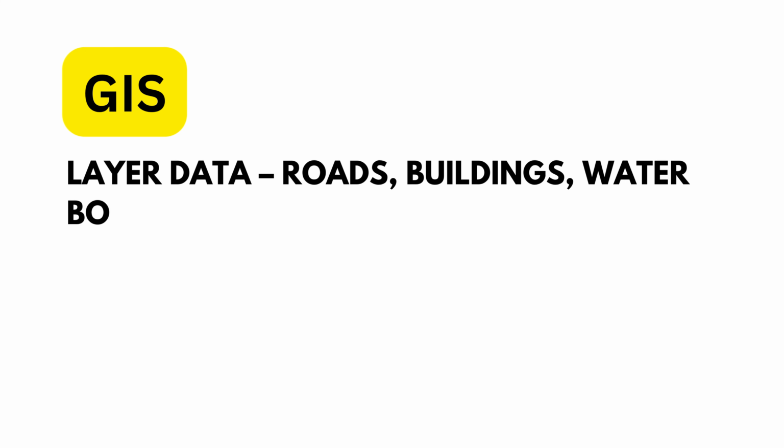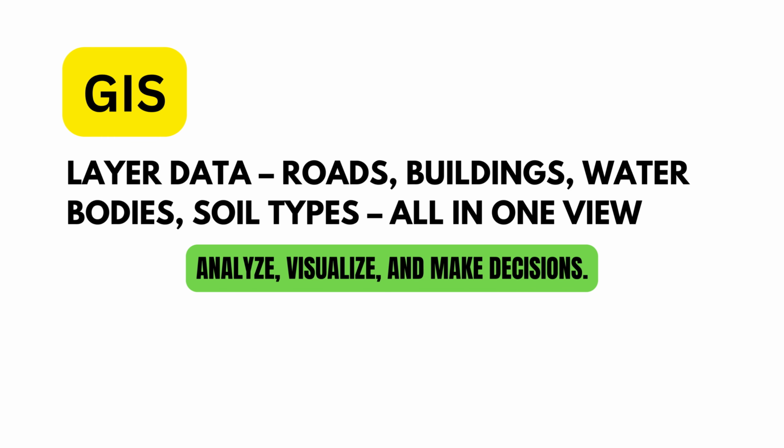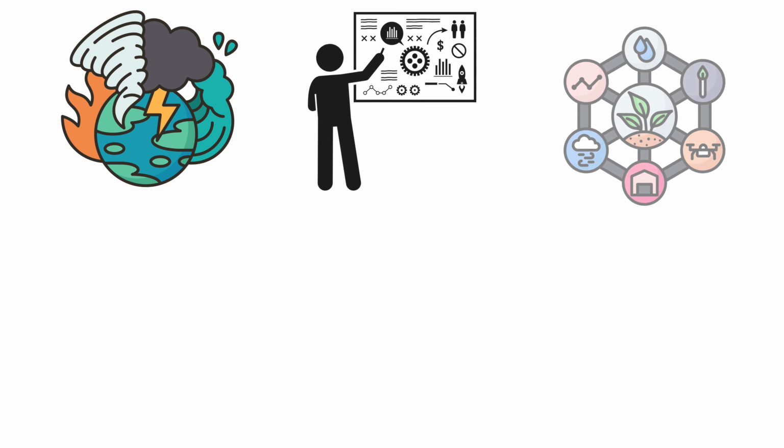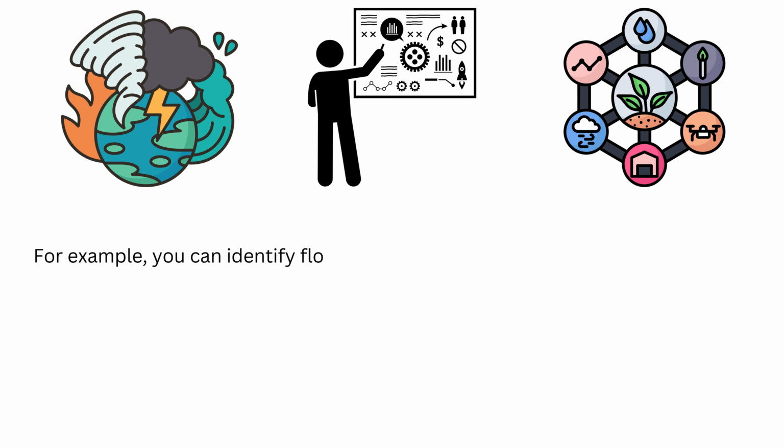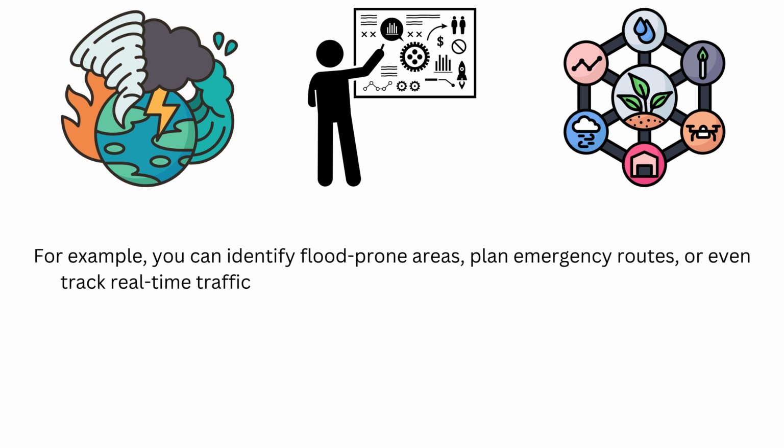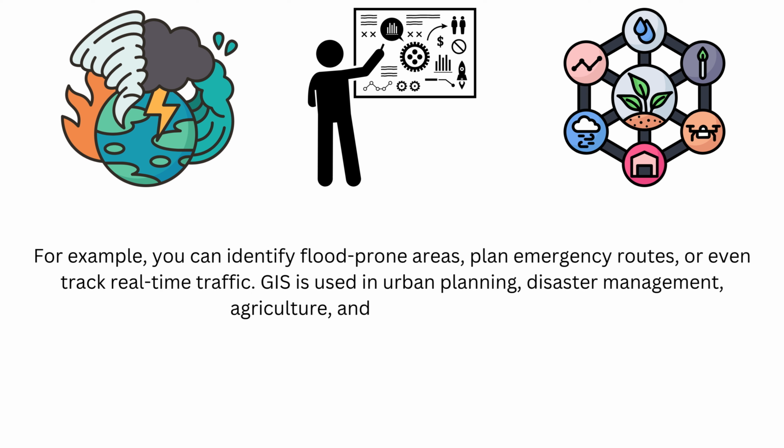With GIS, you can layer data, roads, buildings, water bodies, soil types, all in one view. It helps you analyze, visualize, and make decisions. For example, you can identify flood-prone areas, plan emergency routes, or even track real-time traffic. GIS is used in urban planning, disaster management, agriculture, and even crime analysis.